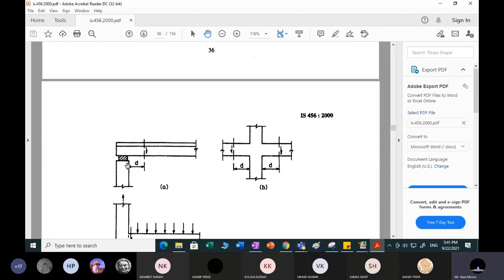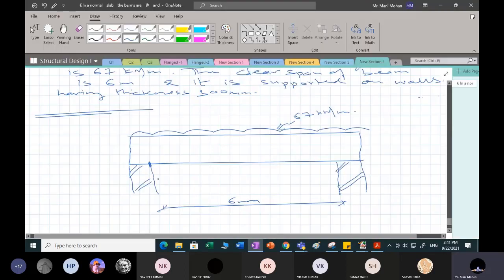Here you can see you have a beam getting support from the wall, and from the face of the support you can select a section at a distance d. So in this problem, the critical section for shear is going to be located at a distance d from the face of the support. This is going to be our critical section.